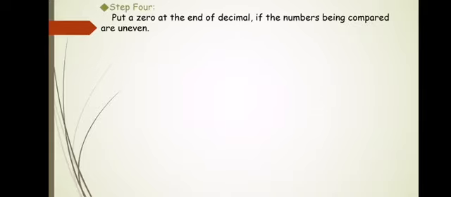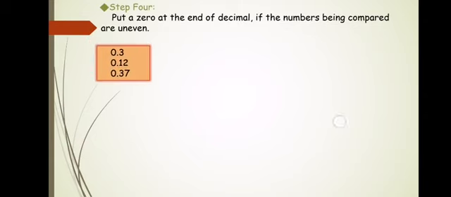Step 4. Put a 0 at the end of the decimal if the numbers being compared are uneven. If the number of digits is not equal, we have to add zeros.